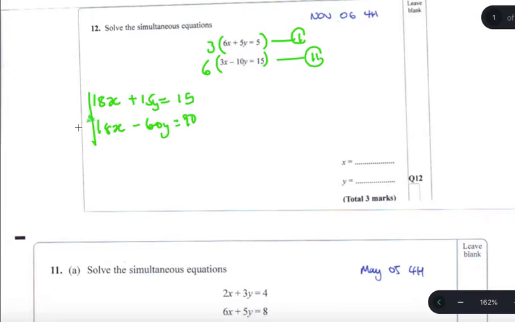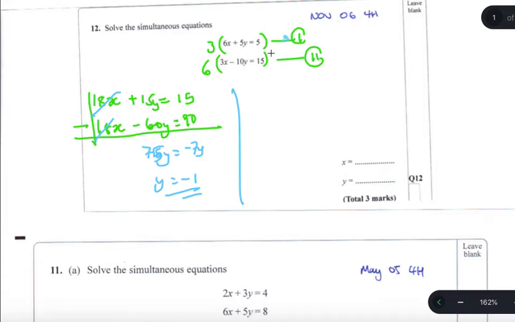Because x has the same number now, we can subtract, and these ones will cancel out. We get 75y equals negative 75, so our y will be negative 1.